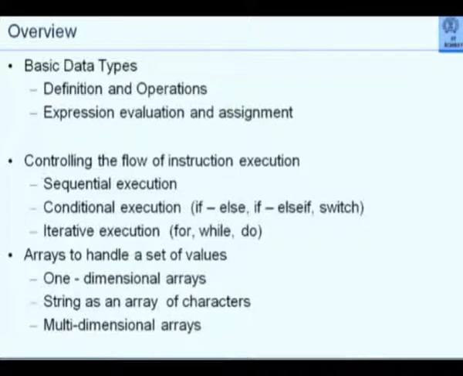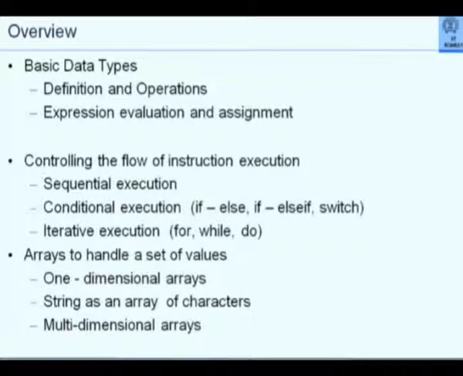Equally important is an extension of this decision making flow control, where not only we want to conditionally do this or do that, but we want to say iteratively do this. Keep on doing this again and again. For example, if we want to add terms of a series, now if there are n terms, we are not going to write n instructions.